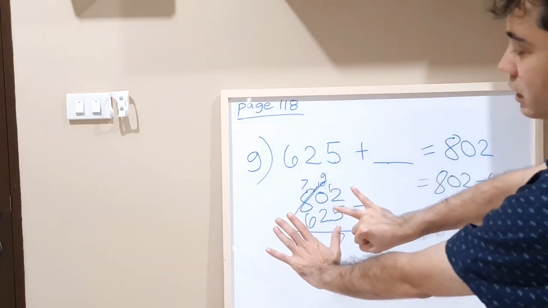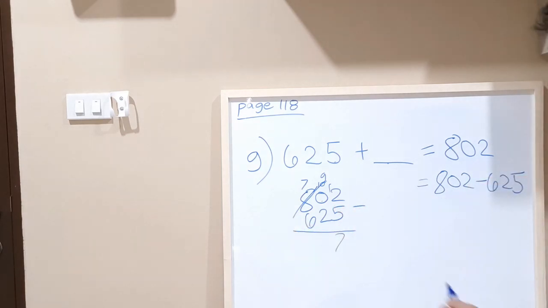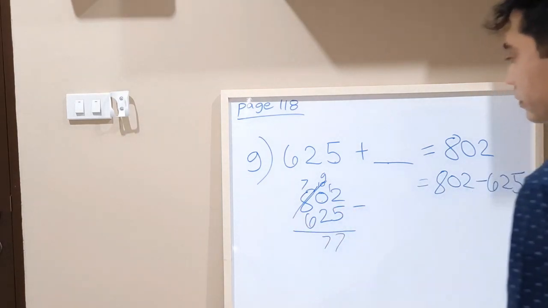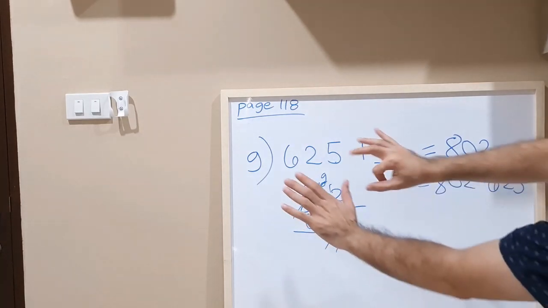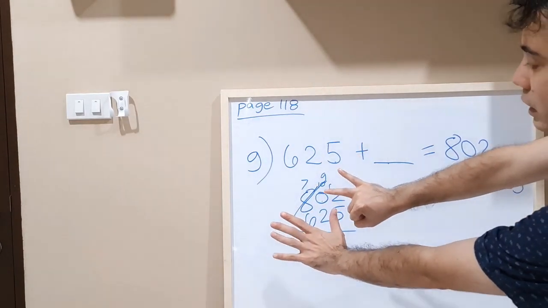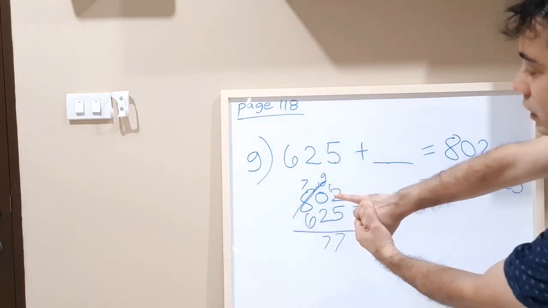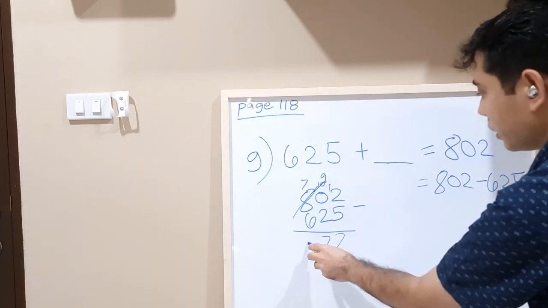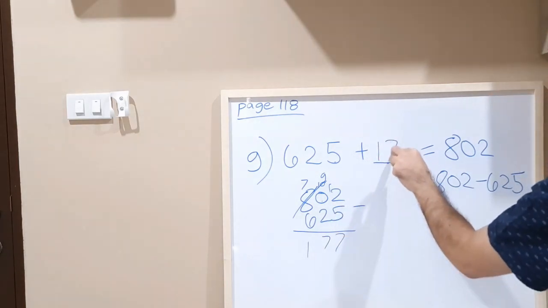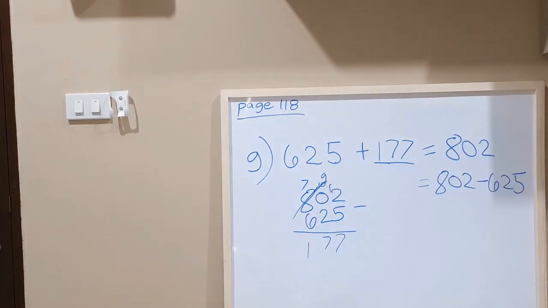You have there 7. And then 7, take away 6. 5, 6. So it's 1. The answer is 177. Is that correct?